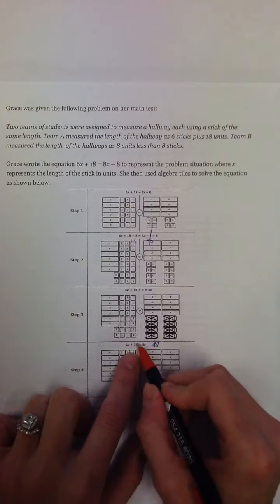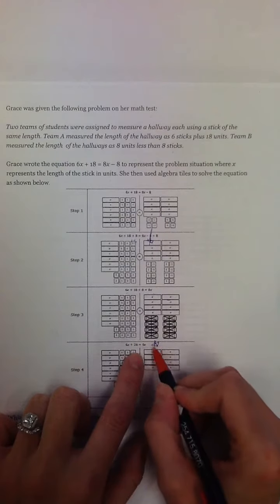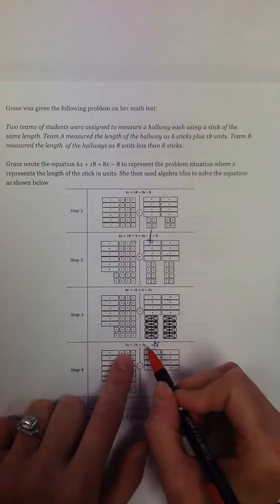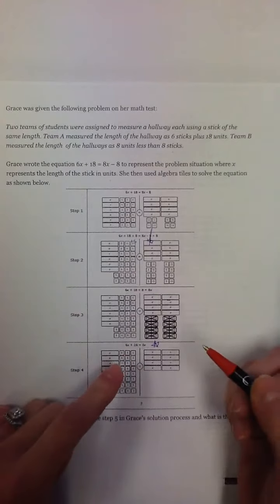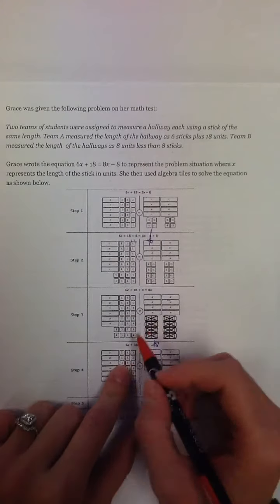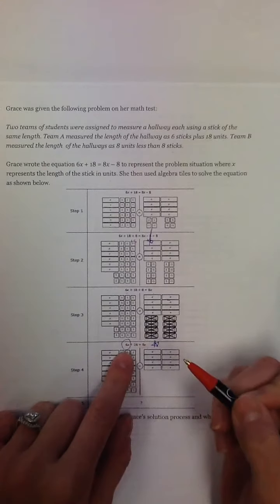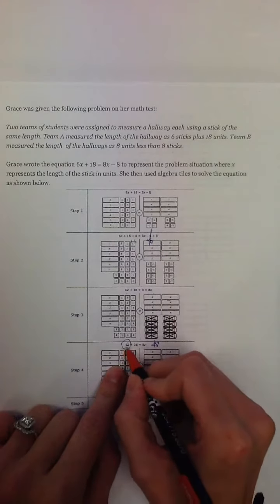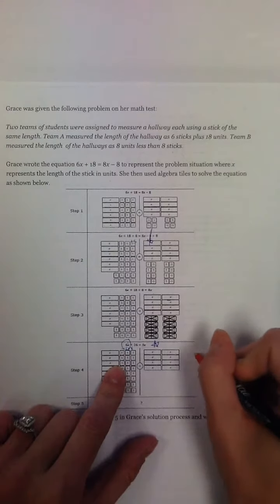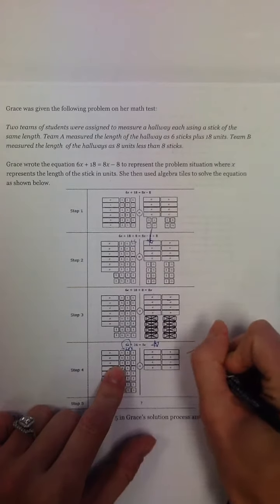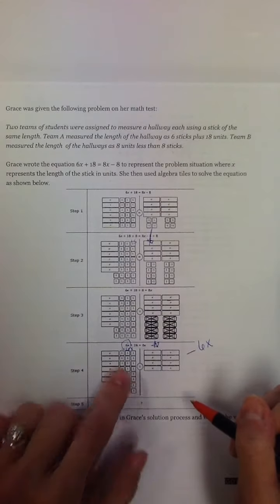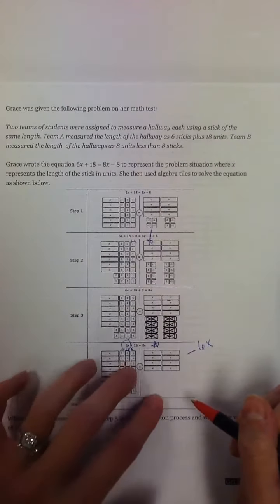We can't really move 26, because what would it be combined with? Nothing. So the only logical next step would be to move this 6x. Since it's positive, you'd have to do the opposite, so minus 6x. Just make a note to yourself out to the side, minus 6x. That should be the next step. So when we look at our answer choices, keep this in mind so we can see which one matches that, okay?